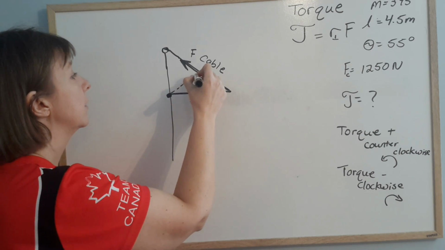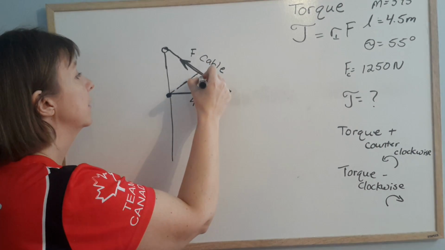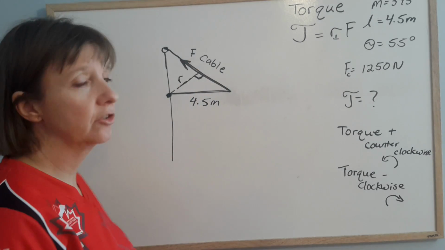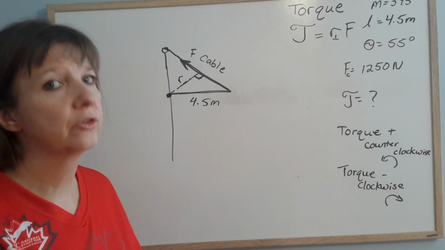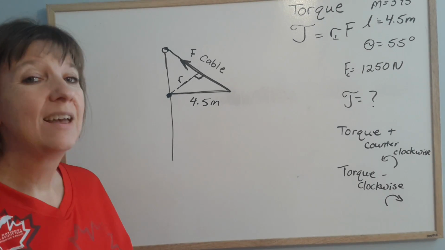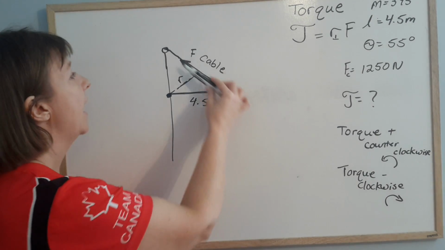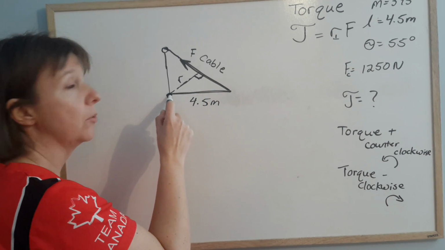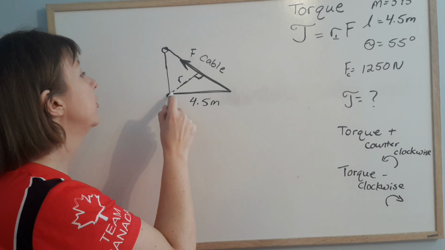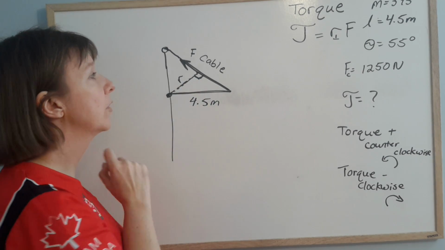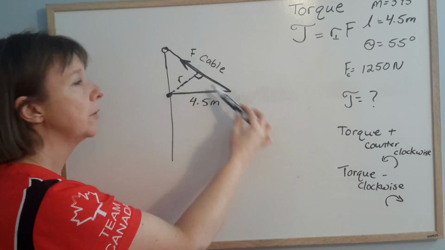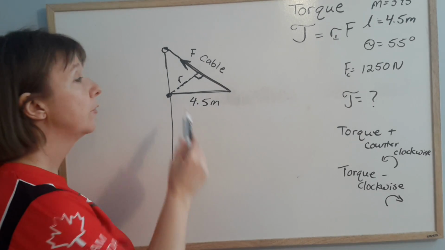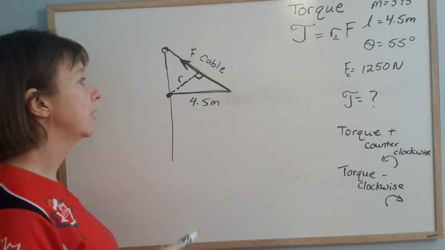This right here, making a perpendicular line, this is actually your R. This is your lever arm distance. Again, your lever arm distance has to be perpendicular and it has to go from the pivot point, which is here, to where the force is happening. And the force is happening along this cable. So it has to be a perpendicular line from the pivot point to the cable.